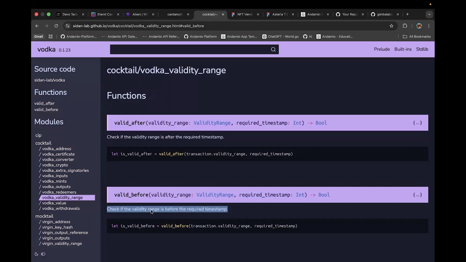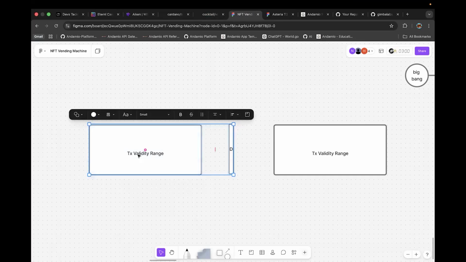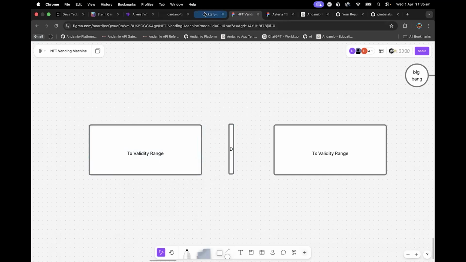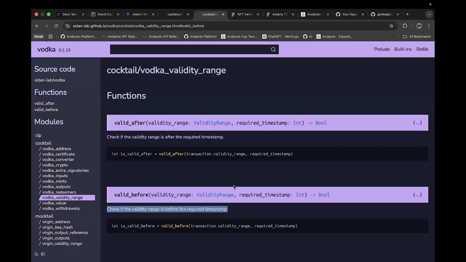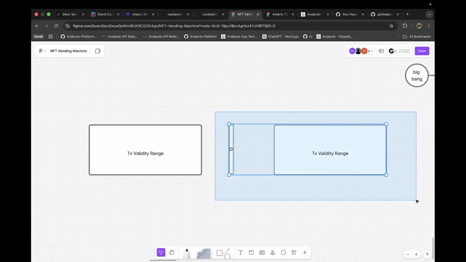Exactly, is the validity range before the timestamp. That means we are basically checking this. If this turns out to be true, then the validity range is before the timestamp. But if this turns out to be true, that means the validity range is after the timestamp. That is how we know whether the deadline has passed or not, or on which side of the deadline we are on.